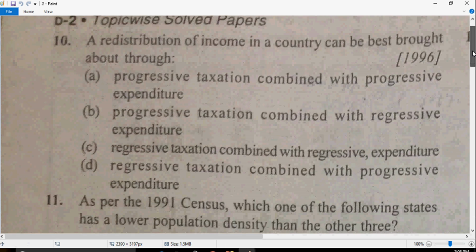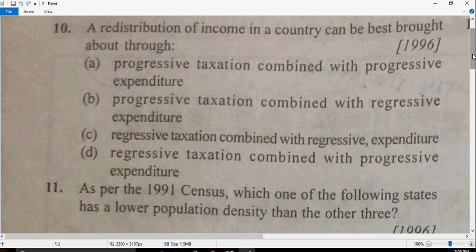See, question number 10: a redistribution of income in a country can best be brought about through progressive taxation combined with progressive expenditure? No, that's wrong. Progressive taxation combined with regressive expenditure, of course, because we are talking about redistribution of income.